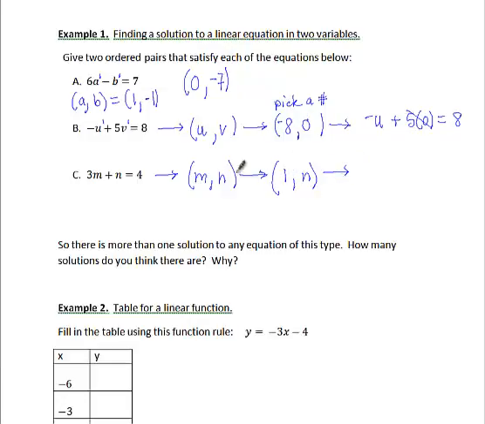If we use 1 for m, then we get 3 times 1 plus n equals 4. And so we get 3 plus n equals 4. To solve for n, we subtract 3 from both sides.